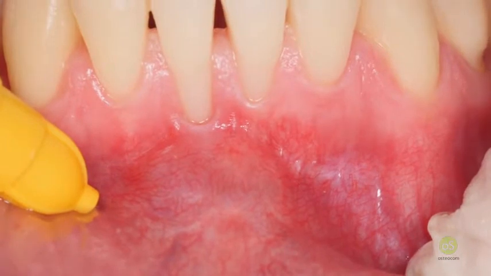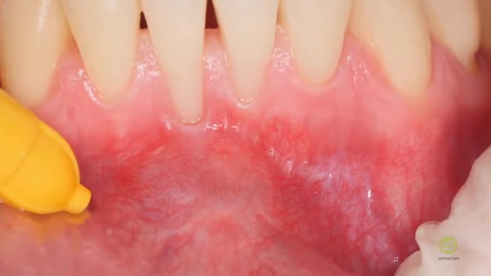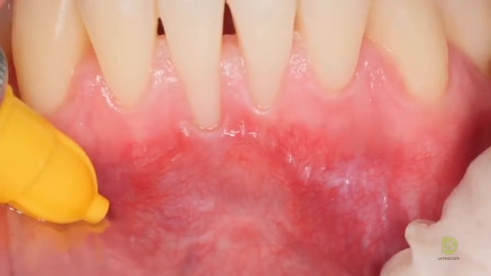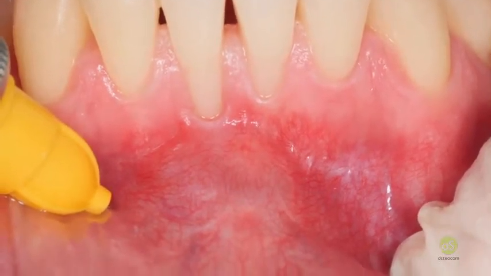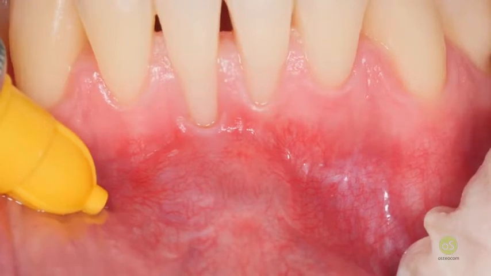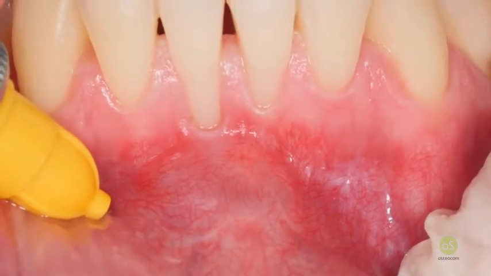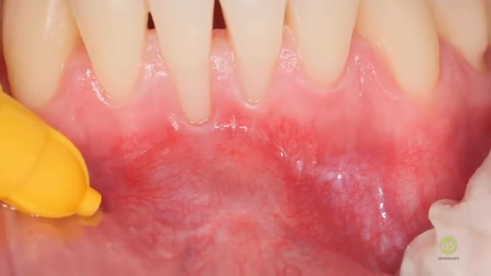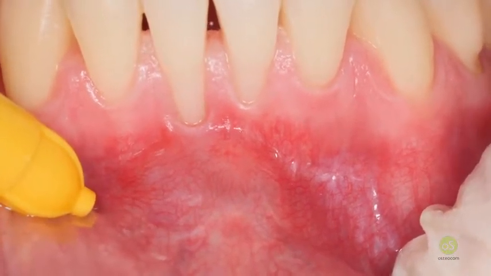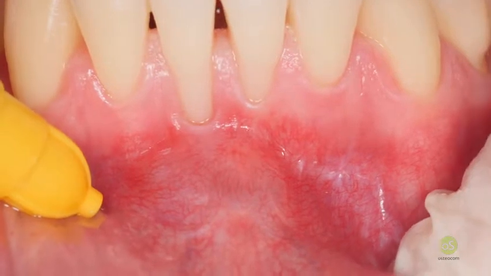Today we have learned how to advance and verticalize the flap also in the lower incisors, and so we can do everything in one stage, even if obviously this is a procedure a bit more complex with respect to the one we have seen applied in the upper jaw.